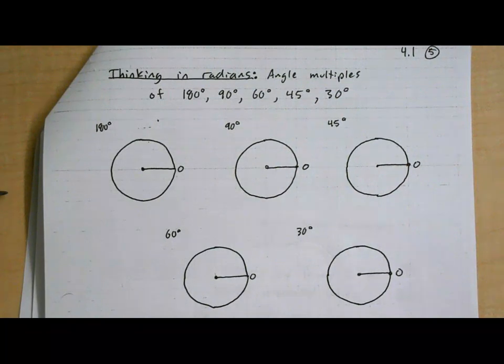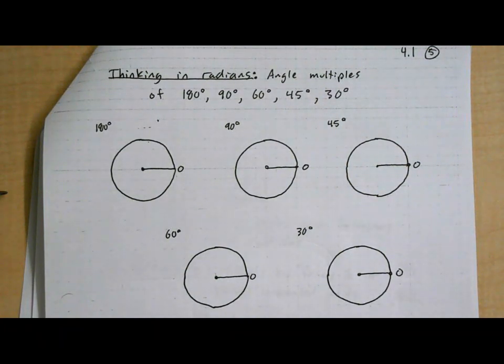But I tend to split them up into 180, 90, 60, 45, and 30. I'll show you what my thought process is here. I'll give you a minute to draw these 5 circles.